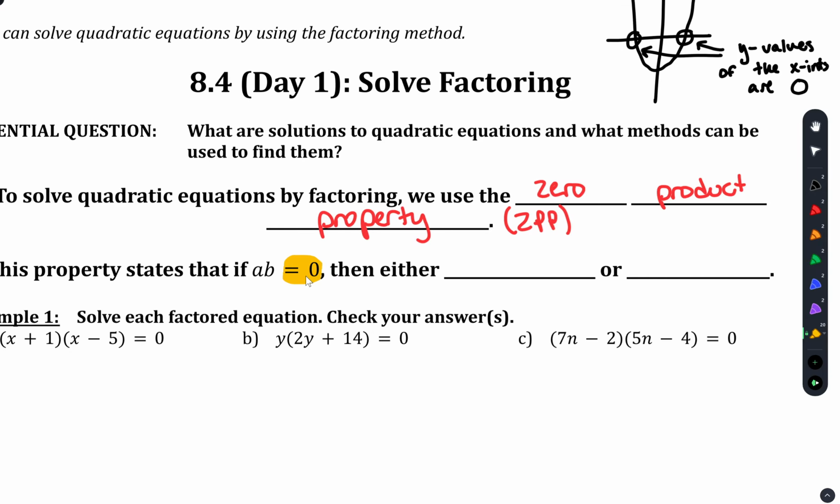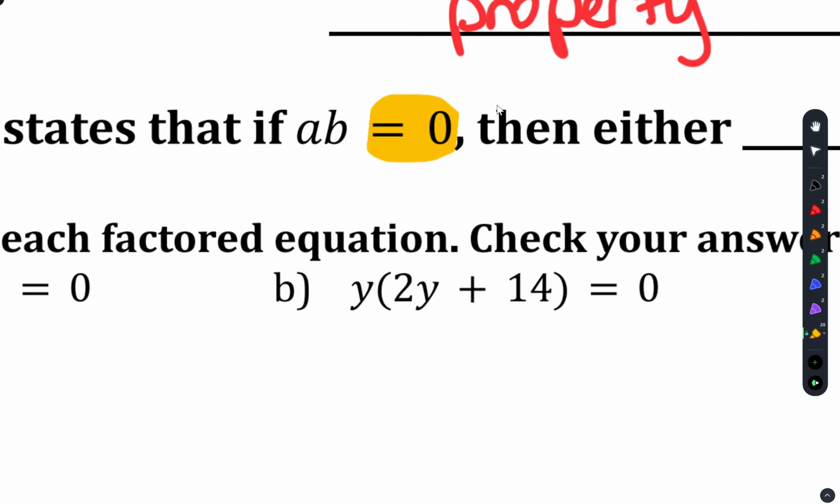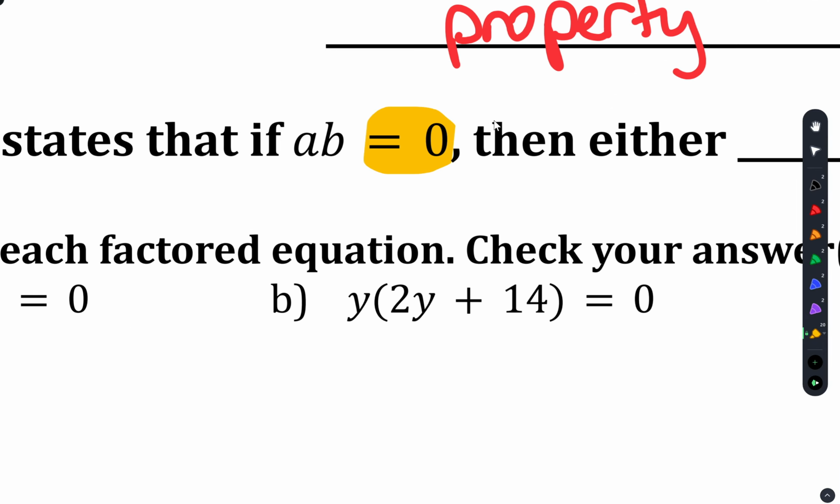What the zero product property states is that if I multiply two numbers together, a times b equals 0, then one or both of those numbers, a or b, must be 0, because we know anything times 0 is 0, right? If it was a times 0, it would equal 0.